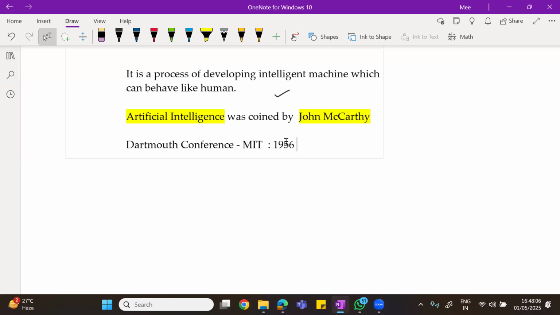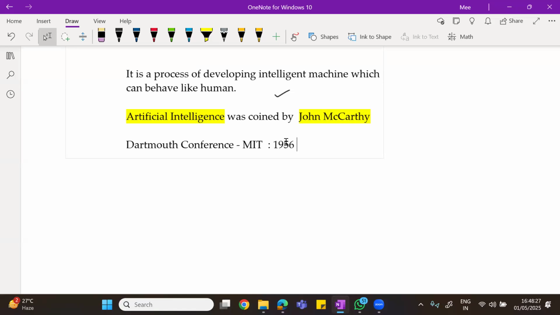Why 1990? What's so great about 1990? Because in the early 1990s, the internet came into existence. Before that, there was no internet. Now the internet came into existence and it was gaining a lot of popularity.